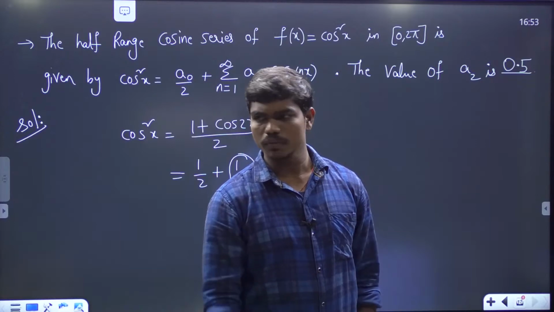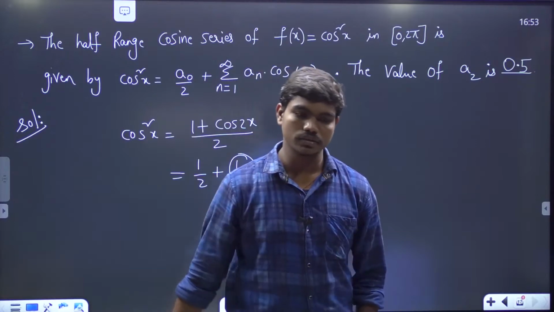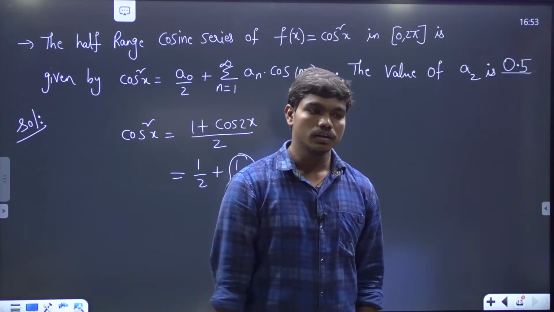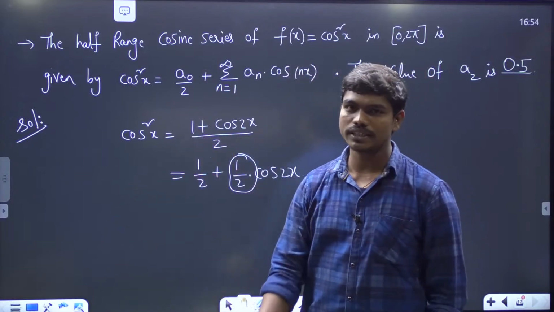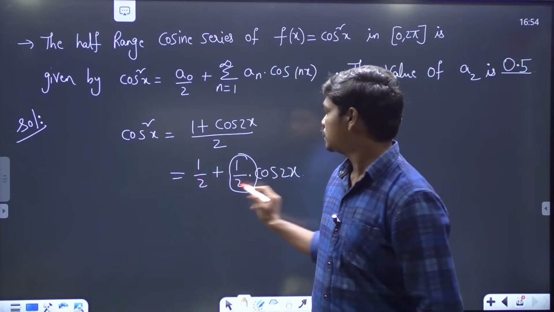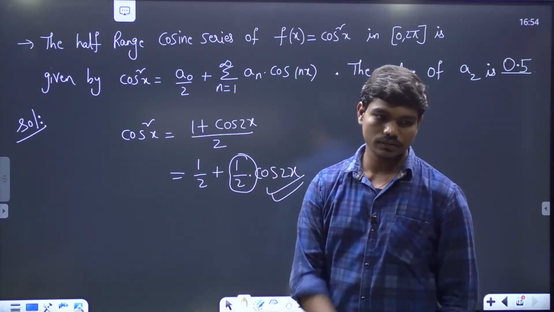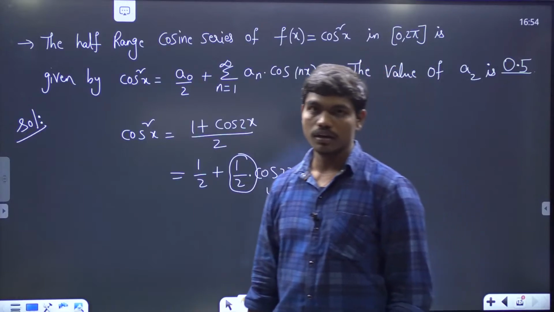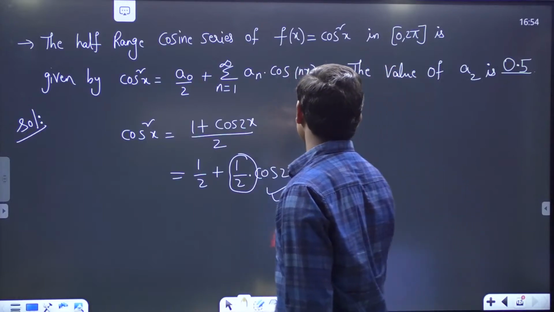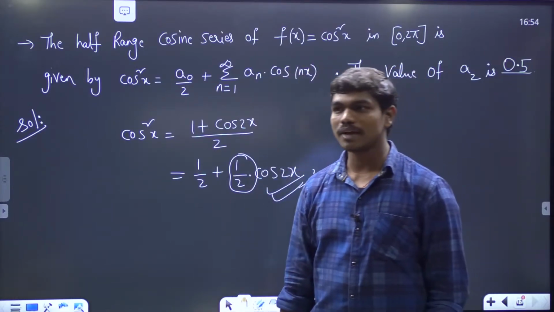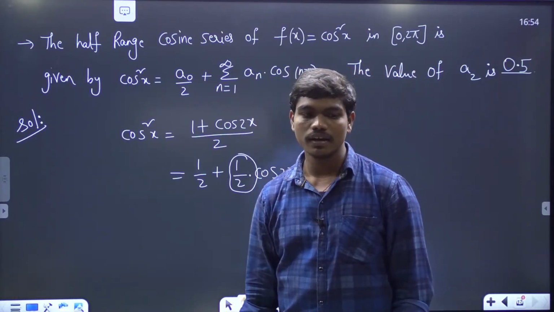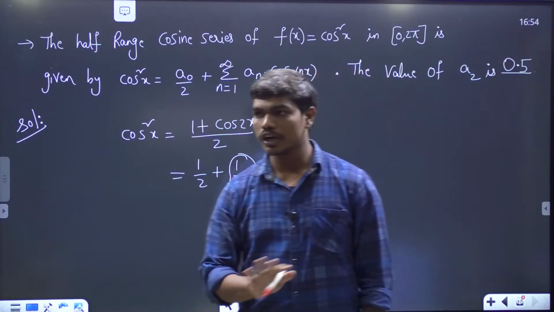You can perform proper calculations and you could get the answer 0.5 as well. Since this is simple common sense, to be honest, in the exam I didn't remember the formula, but still we went for this. Sometimes I'm telling you again and again, in the GATE exam they don't ask you for rocket science.